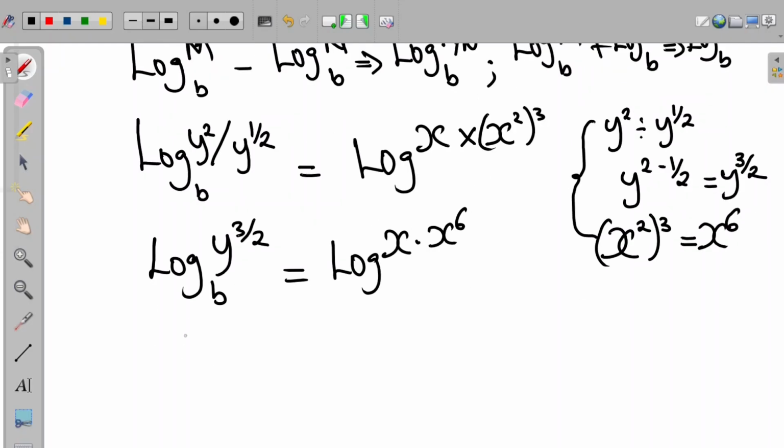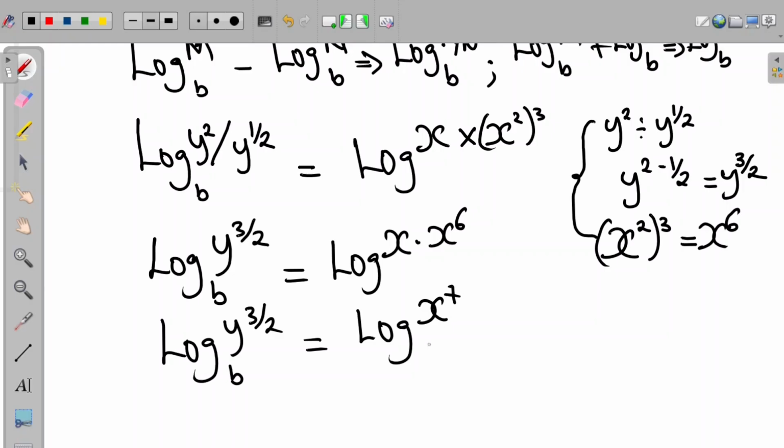So this is also equal to log y raised to the power of 3 divided by 2 equal to log of x times x raised to the power of 6, which is x raised to the power of 7, in base 5. Thank you.